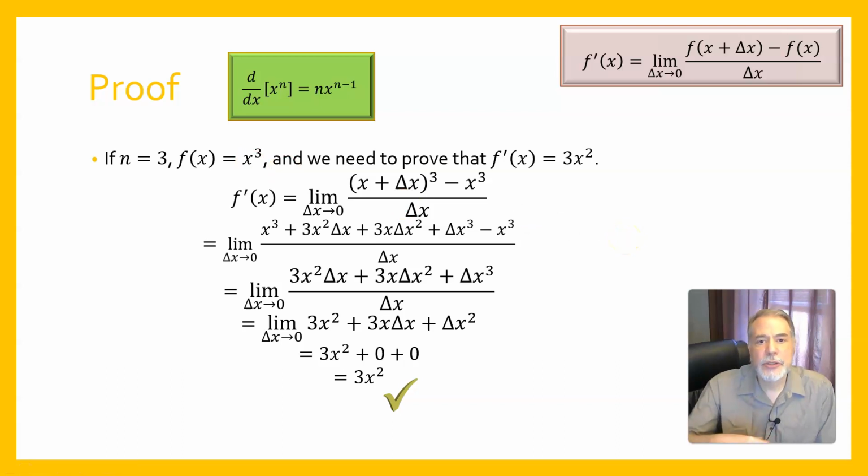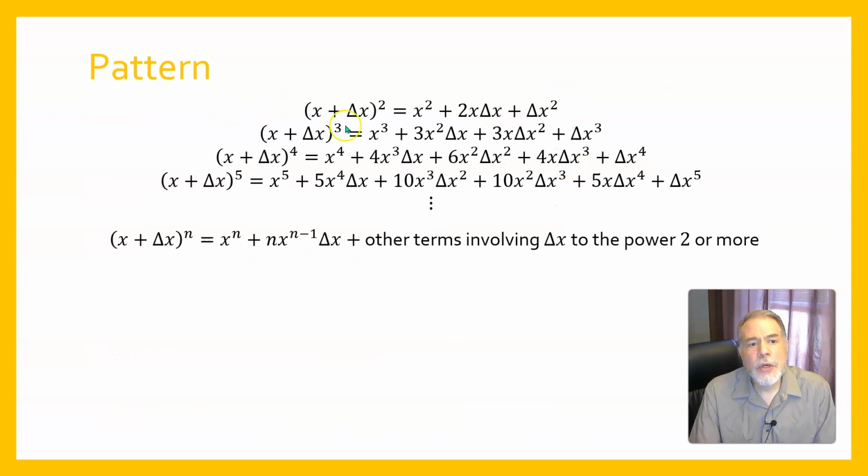Now what about x to higher powers? X to the fourth, x to the fifth, x to the sixth, x to any positive integer power. Well, notice the pattern with what happens when you take x plus delta x and you raise it to some whole number power. X plus delta x to the fourth is x to the fourth plus 4x to the third delta x plus 6x squared delta x squared plus 4x delta x cubed plus delta x to the fourth.